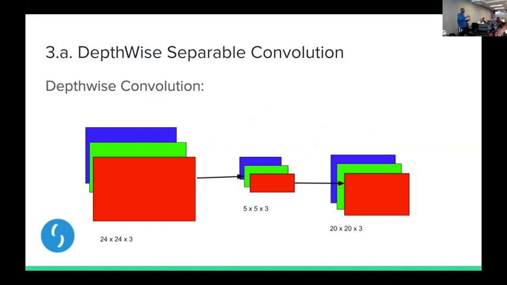You have 3-channel images, so 24×24×3, and I have 5×5×3 filters, a smaller one for every green, red, and violet channel. 3 is the total number of channels. I scroll over everything and produce an output of 20×20×3.